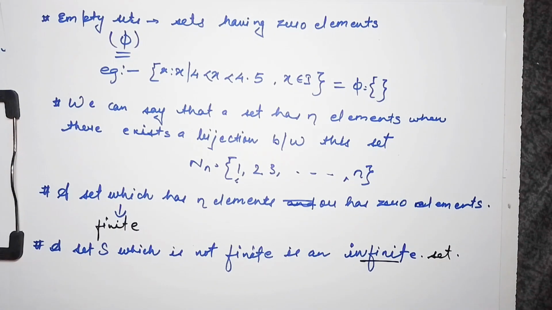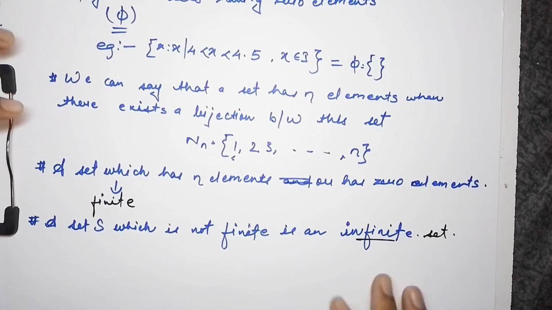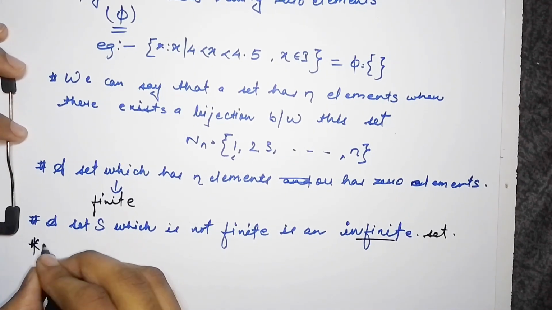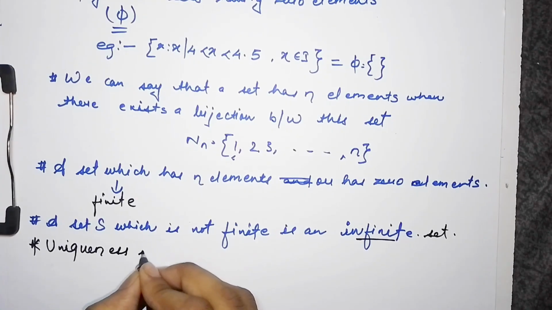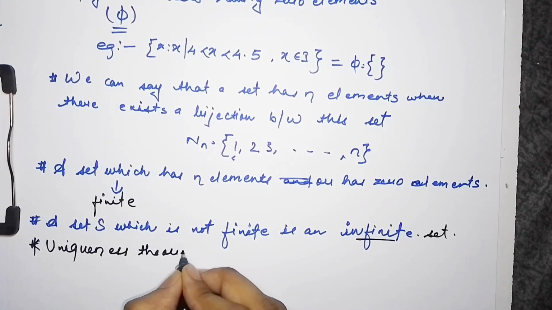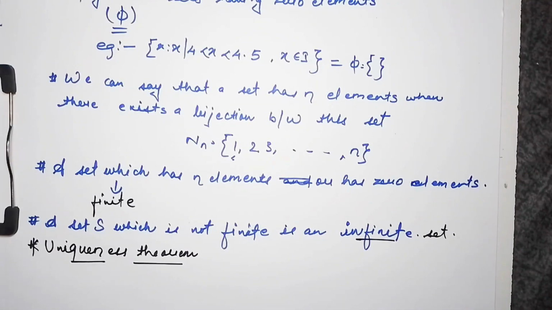Now we will move on to a theorem that is known as the uniqueness theorem. So let's see what the uniqueness theorem says. Let's write a heading over here: Uniqueness theorem. What does this uniqueness theorem say?